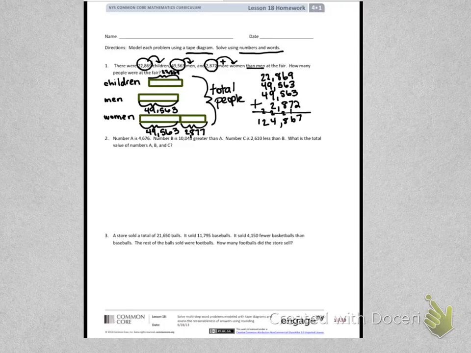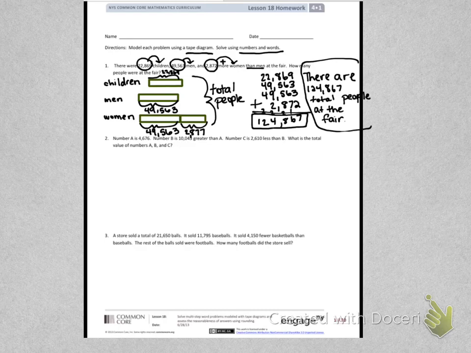When you add up those 4 numbers, you will get 124,867. So they want us to also make sure that we're using words. So let's go ahead and make sure that we add a complete sentence. There are a total of 124,867 people at the fair.